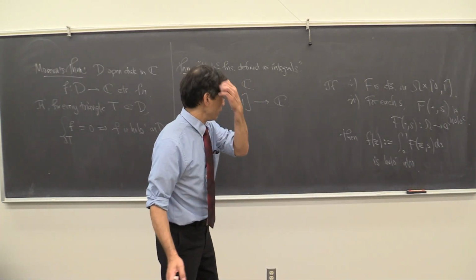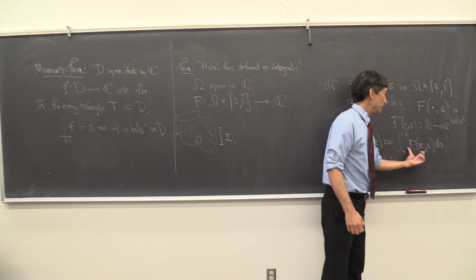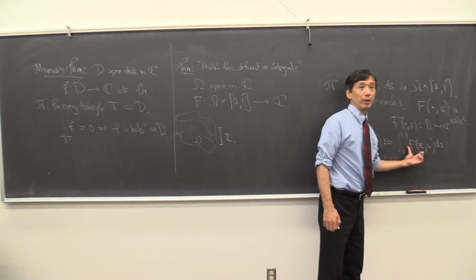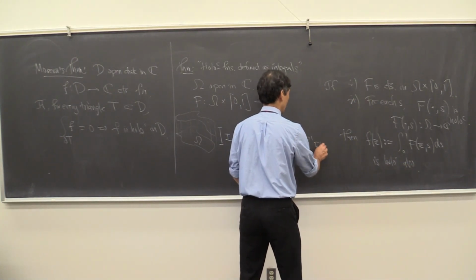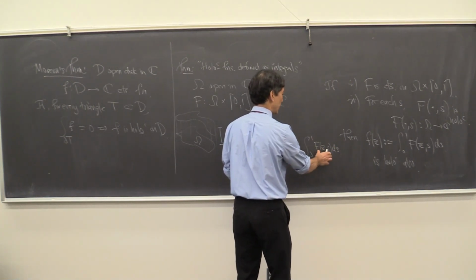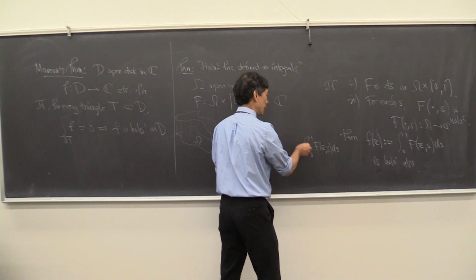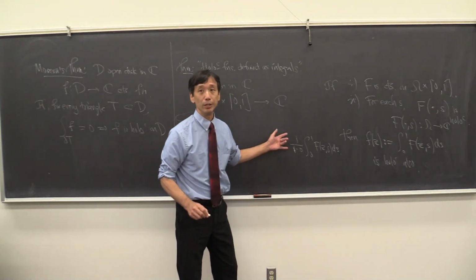Okay. So the way you want to think about this is that this is really an average, right? You're taking the integral of this function over this interval, and then you're dividing by the length of the interval.